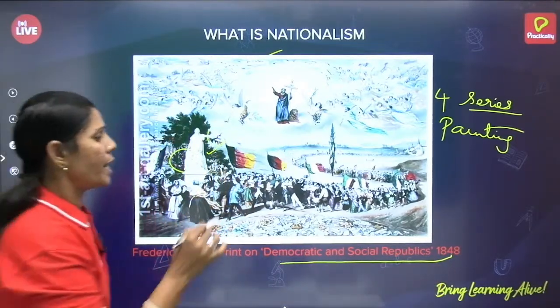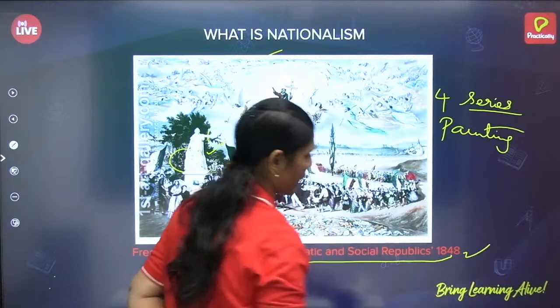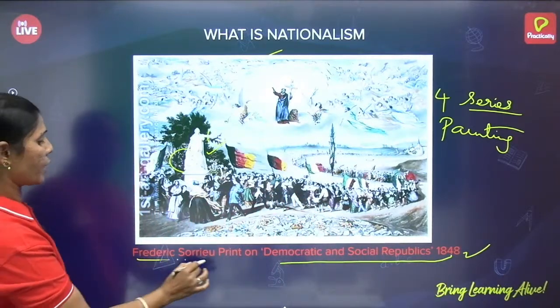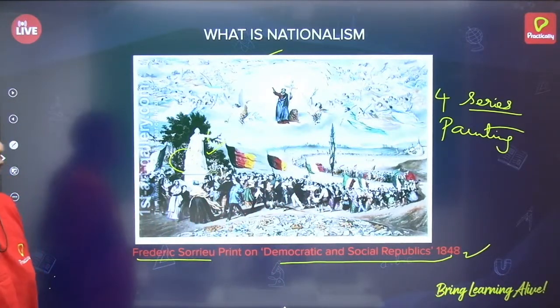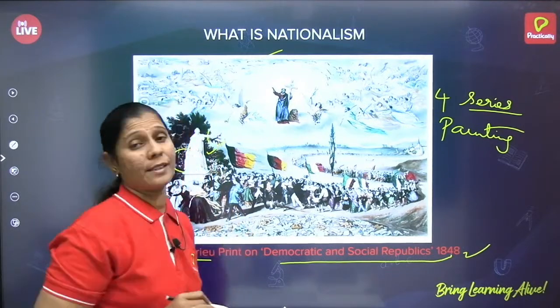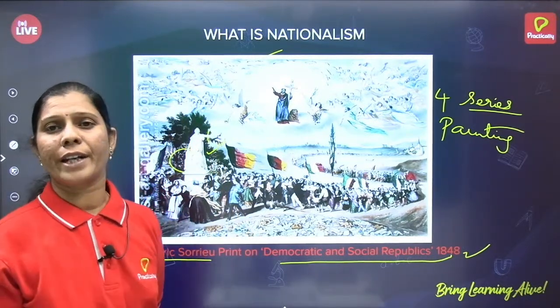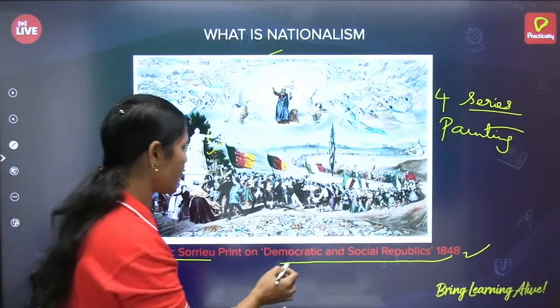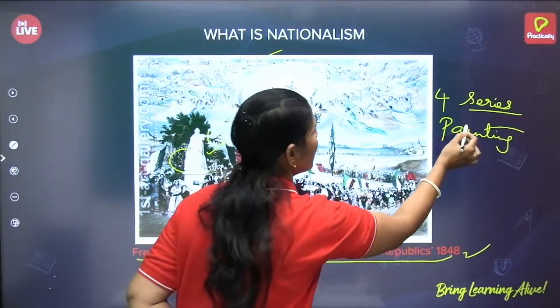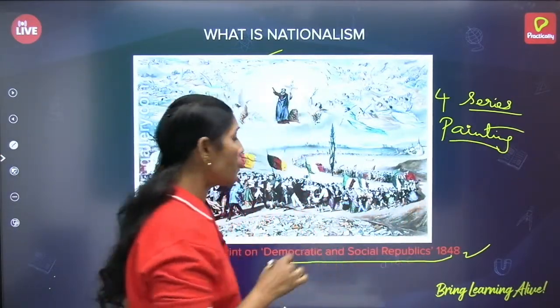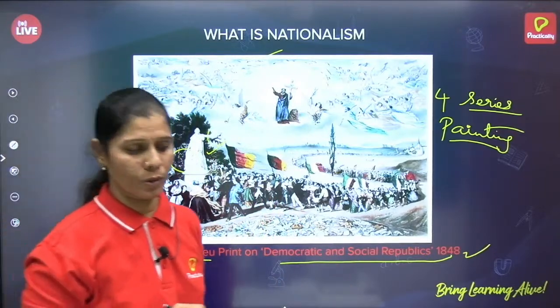It was painted in 1848 by a person named Frederick Sorrieu. Frederick Sorrieu imagined the countries and painted this series. You need to note this point, children.